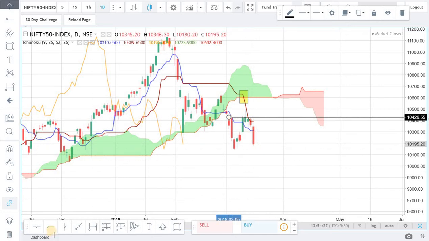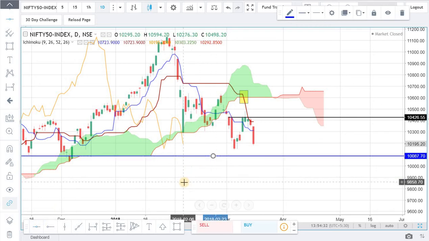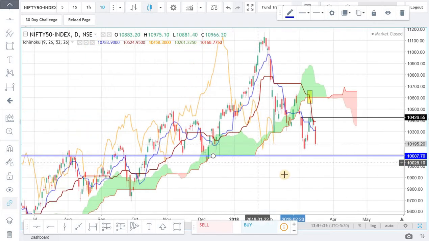This probably is one of the key levels of support. And when I say it's a key level of support, if this was a red cloud, this probably wouldn't have been a good support, because that shows as a supply zone. But in this case, this is a green cloud. So basically what it means is that there has been a lot of buying from this area. This is one of the latest demand zones.